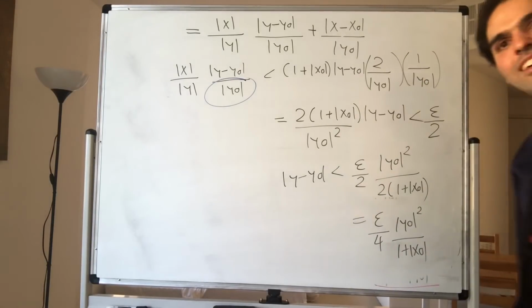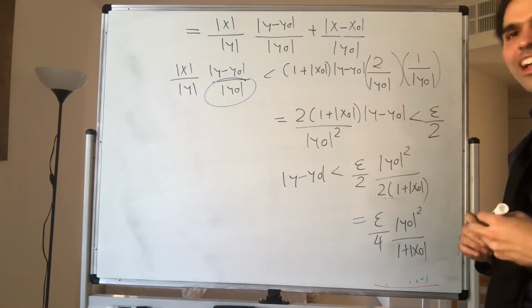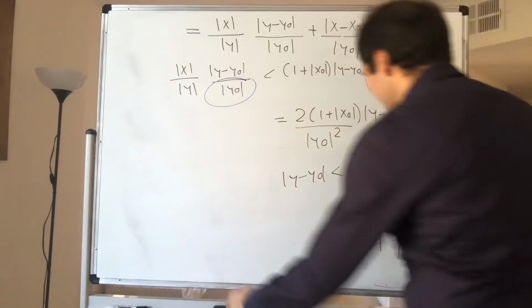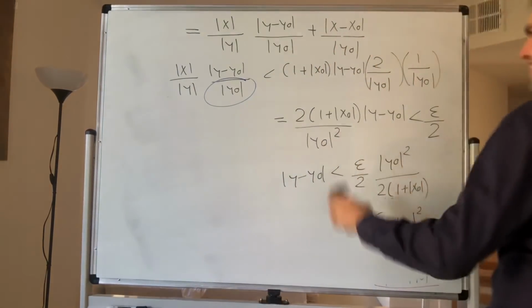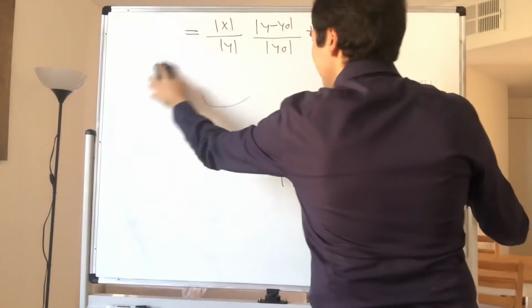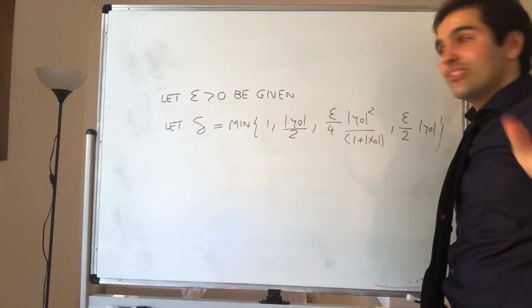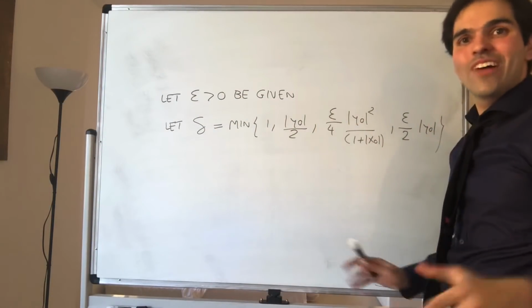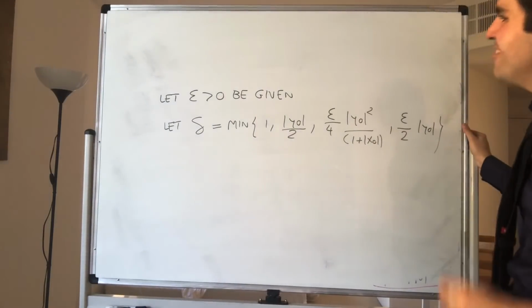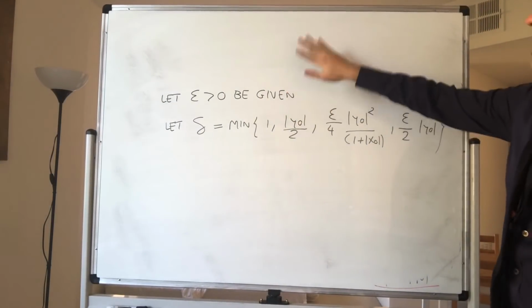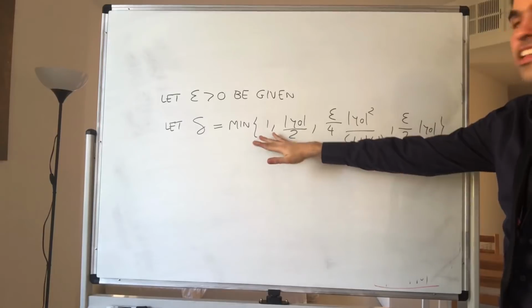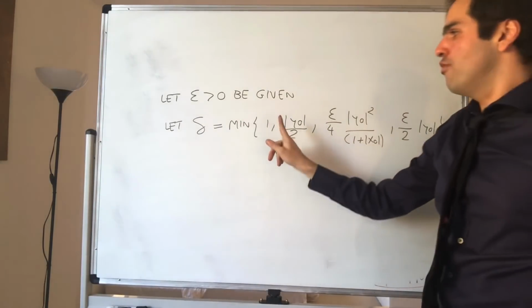Okay, very good. And now we're finally ready for the actual proof. So that was our motivation, and now let's do the proof. All right, now let's do our actual proof with actually the correct thing. Whatever I said before might not have been completely correct, but let epsilon be given, let delta be the smaller one of 1.